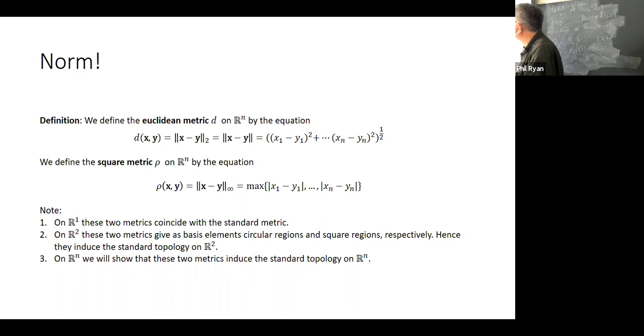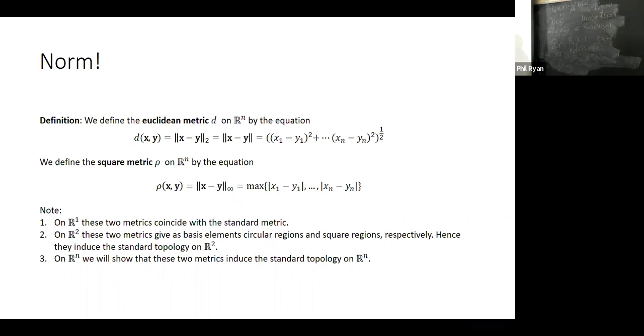So famous norms: there is the Euclidean norm, which is the idea of Euclidean distance. The Euclidean norm is just the normal distance, the Pythagorean definition of distance. I was brought up to think of this as the two norm, but it's not in the book.